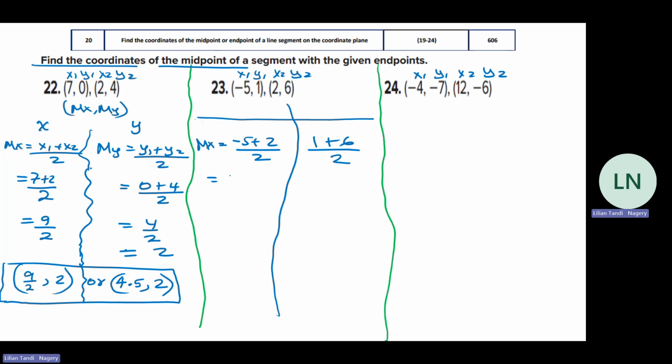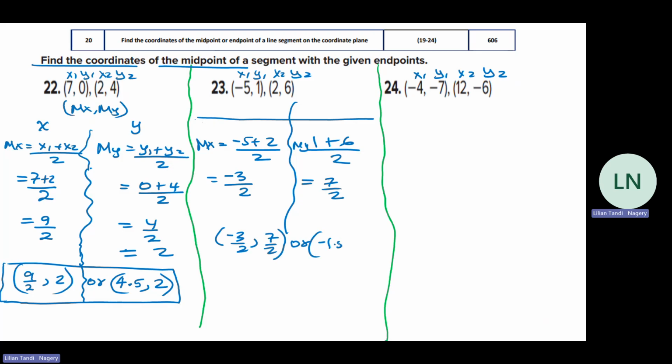And this is negative 3 over 2. And this is 7 over 2. So you can write your answers either as fractions, negative 3 over 2, comma 7 over 2, or negative 1.5, comma 3.5.